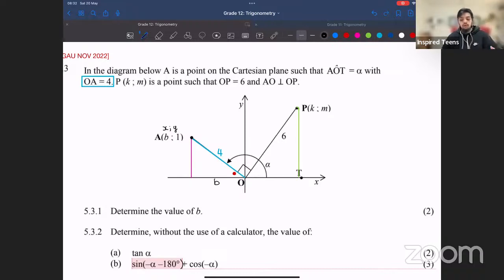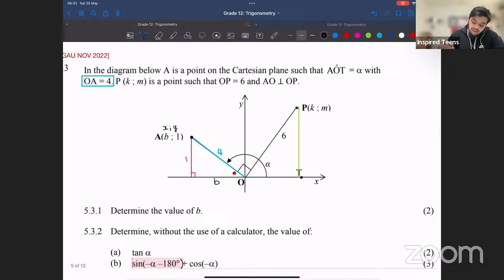The y would always be the vertical line of the triangle, the one parallel to the y-axis, so this is 1. Now we actually have 2 values in a right-angled triangle, always 90 degrees, which means we can use Pythagoras.